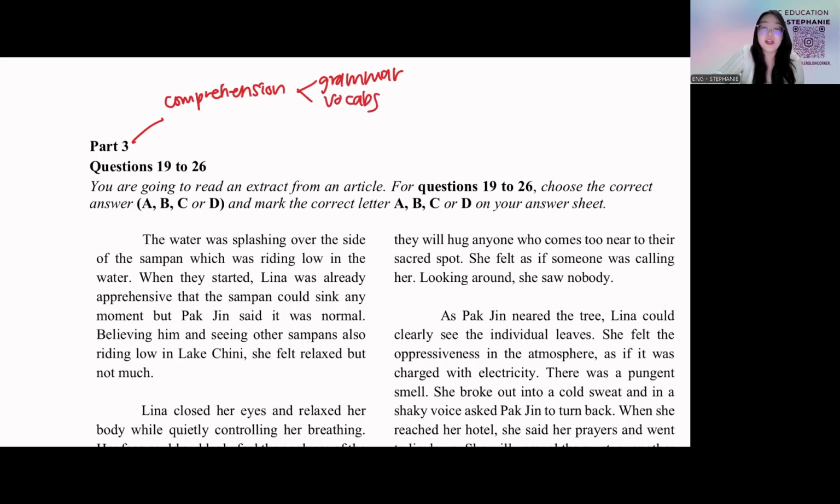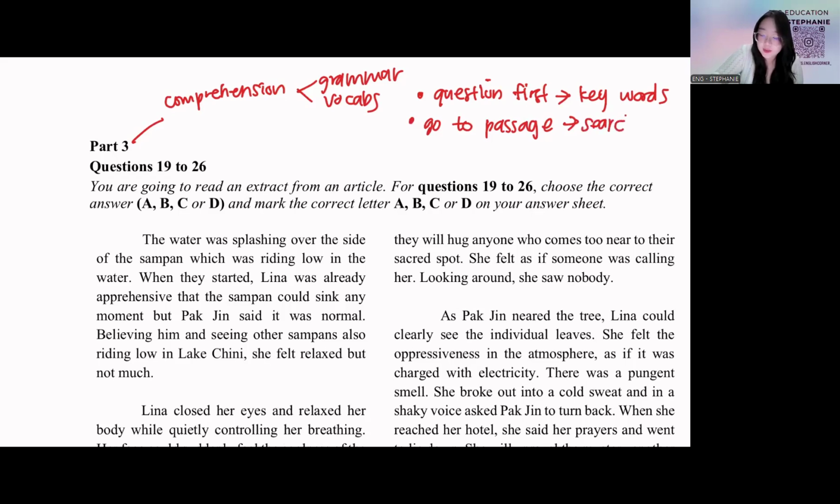But if you're really lost, what you can try to do is check the question first, then find the keywords, and then go back to the paragraph. According to the keywords, you try to search for your answer nearby. It's always before or after or somewhere around there.